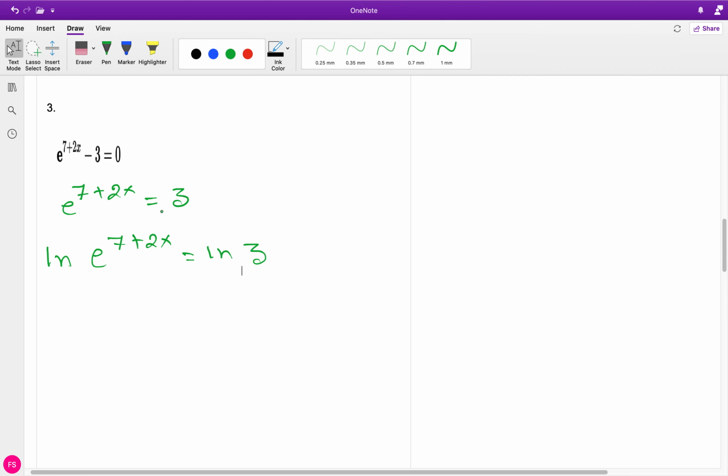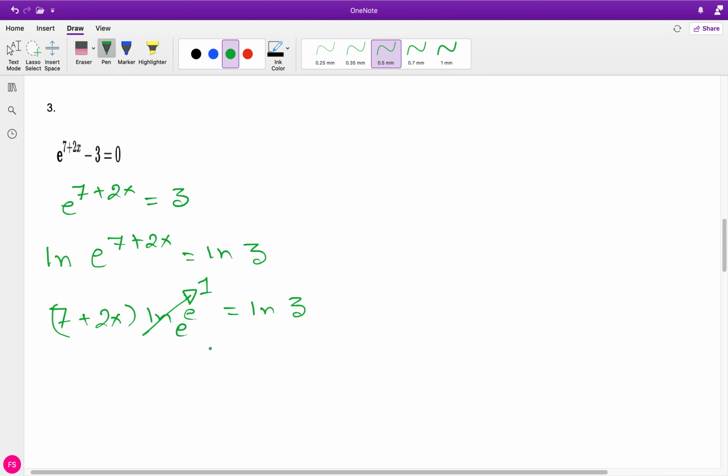The power will go to the front. I will have 7 plus 2x times ln of e. Now ln of e is just 1 because the base is also e, and whenever we have the same number and the same base, you can cancel it out and just write 1. Equals ln of 3.